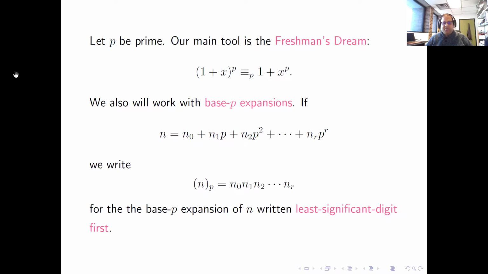So I just want to write down here the notation I'm going to use to indicate the base p expansion of n: these round brackets sub p. And what's important here is that for this talk, all base p expansions are going to be written from least significant digit first. So from least significant to most significant digit.